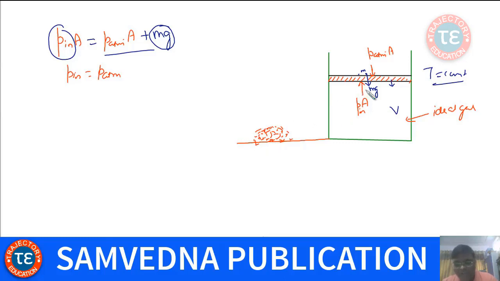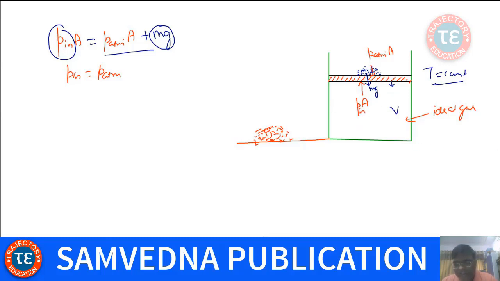And now you keep on doing this, and you put one by one all the sand particles over here. It will take many hours, even a day also, and you will find that piston is not moving. Piston is moving down slightly, but you won't be able to observe it. It is so small.